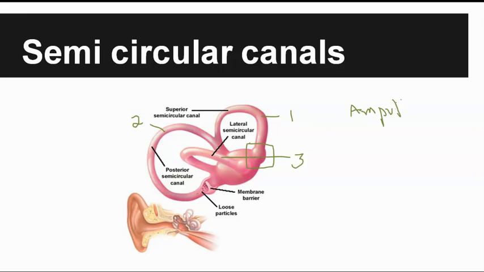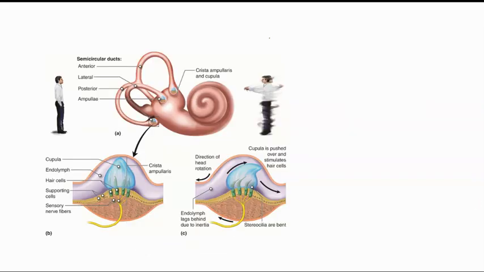This ampulla consists of projecting ridges called cristae. Here you can see the magnified structure of this ampulla. Inside this, you see the presence of hair-like cells, which are in the form of cristae.